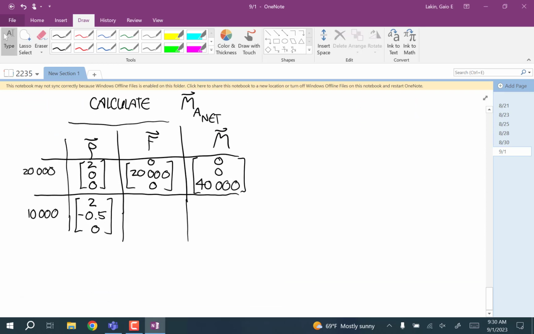The force vector is positive 10,000, 0, 0. And the moment you get is 0 for x, 0 for y, and then 2 times 0 minus -5 times 10,000 gives you positive 5,000.